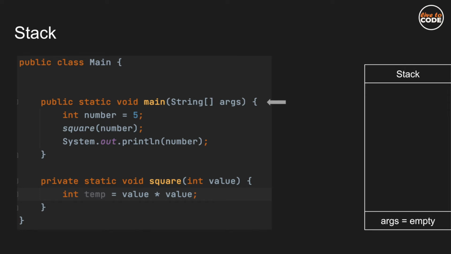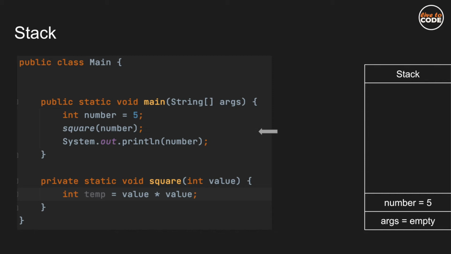Here I have the first variable args, which is empty, and it will be pushed into the stack. When the second line is executed, the number variable will be pushed into the stack with value 5. Now the third line will be executed, which is the square function call.